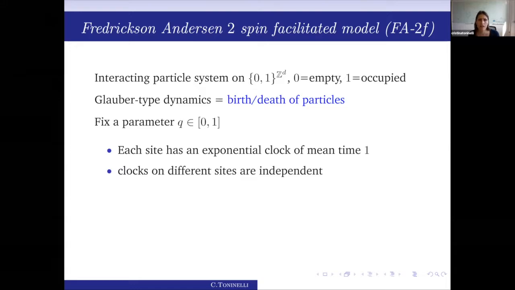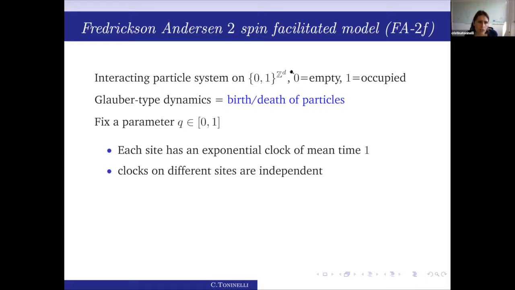The Fredriksson-Anderson two-spin facilitated model. We are on the integer lattice, the Euclidean lattice Z^d. And on each site of the lattice, there is either a particle, so the site is occupied, or the site is empty. So this is the configuration space, {0,1}^(Z^d).